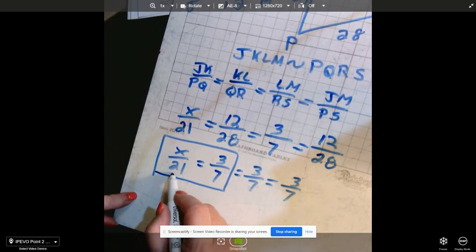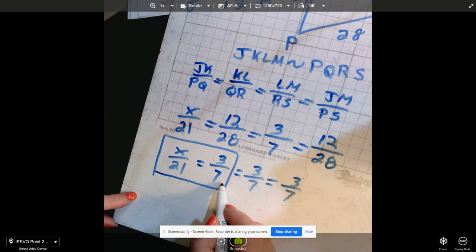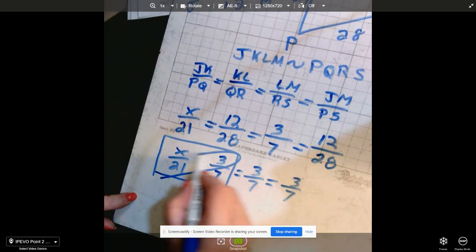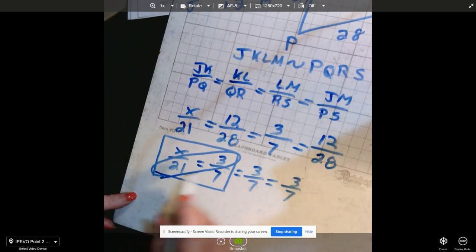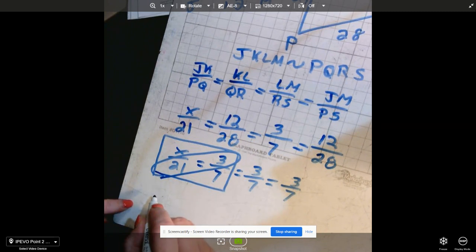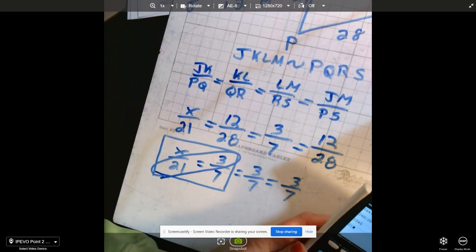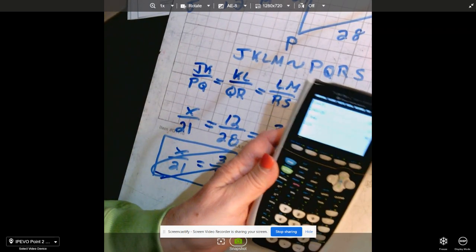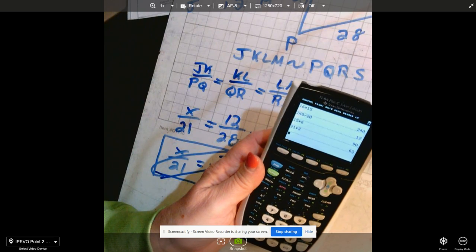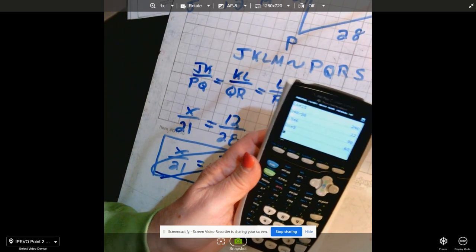So once again, I have one ratio equal to another ratio. I can solve this by cross multiplying. 21 times 3 will give me, well, if you're not sure, grab your calculator. 21 times 3, that's going to be 63.